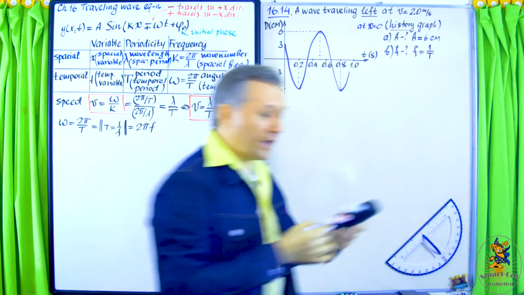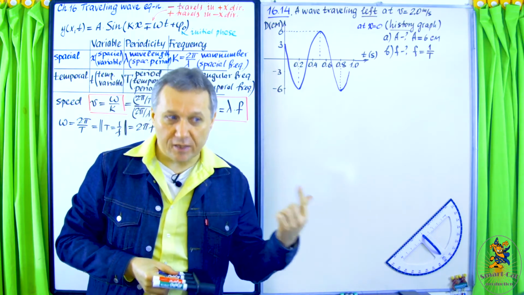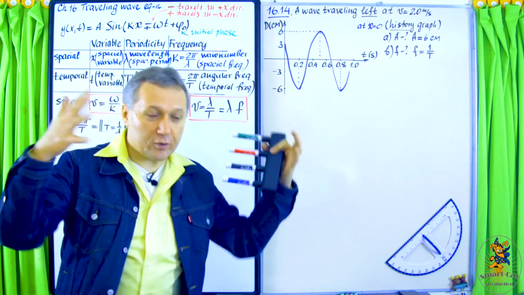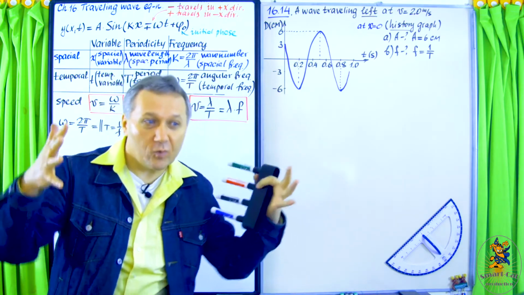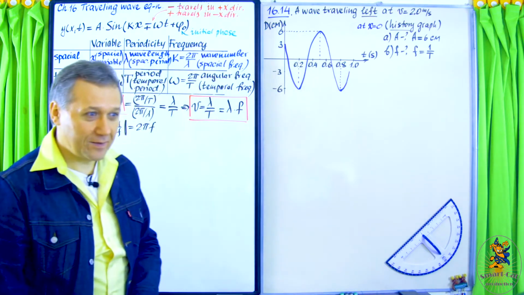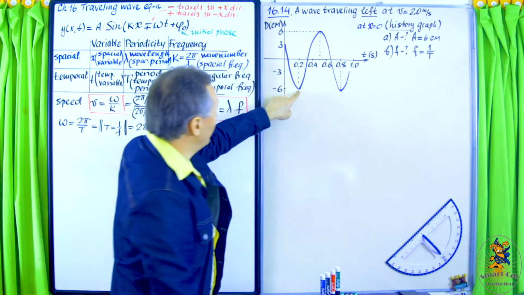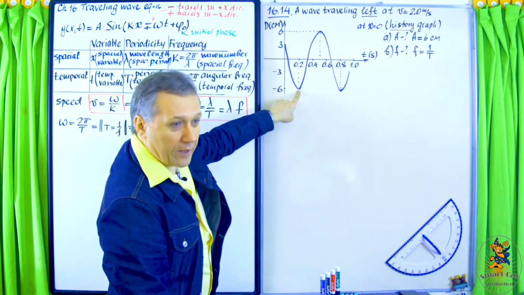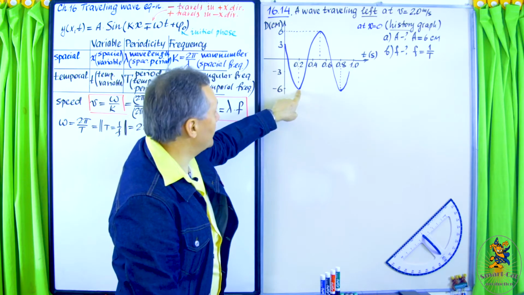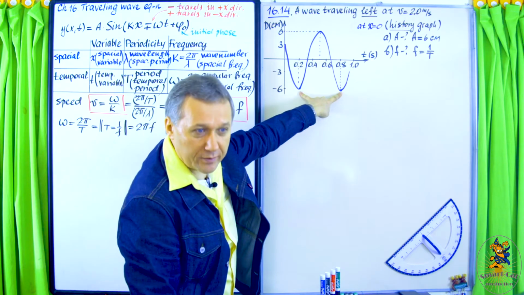So, can we find the period? Period is again a temporal quantity. And period, you remember, is a stretch of time over which the wave reproduces itself. It's right in front of us. So at this point we have the amplitude, right? The wave is at this point, and then over this stretch of time, the wave reproduces itself.